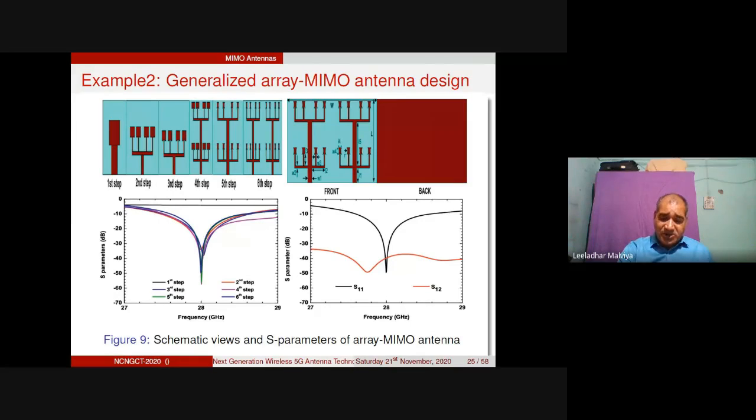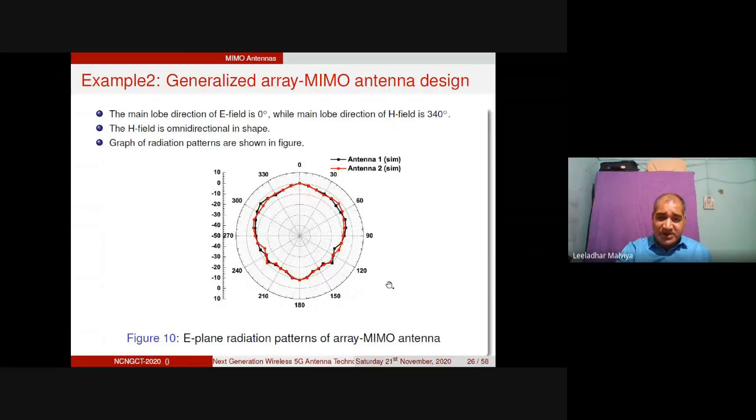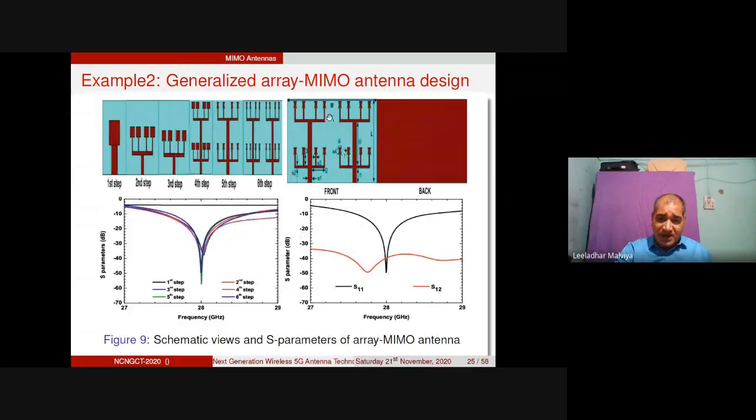But the question is again: if you are not adjusting the phases here, the radiation pattern cannot be directional, right? They will resonate at the same frequency, at the same angle, right? So if you want to adjust the phases of these arms, as in slide number 25, then definitely you can show the beamforming here, right?